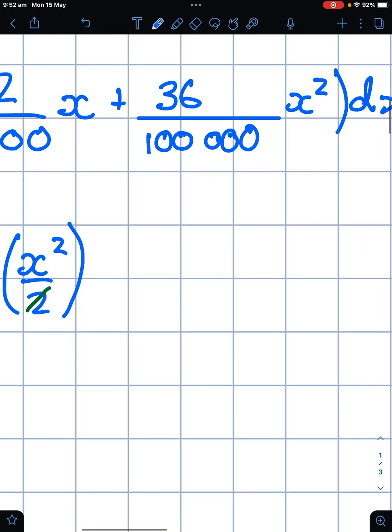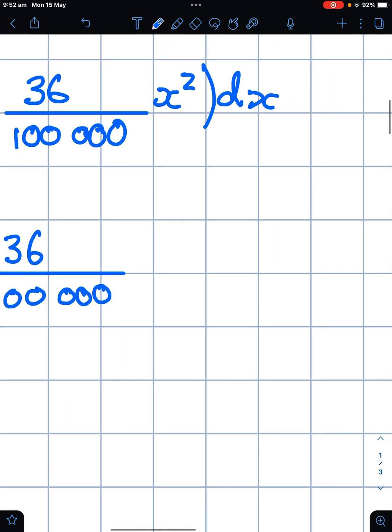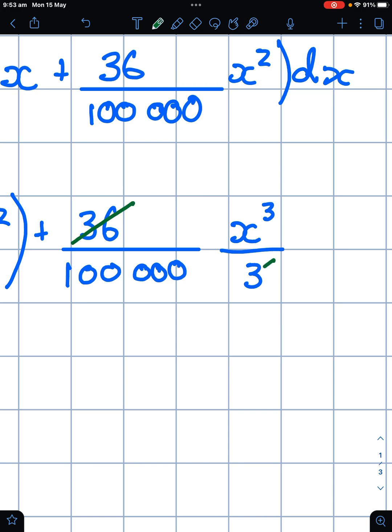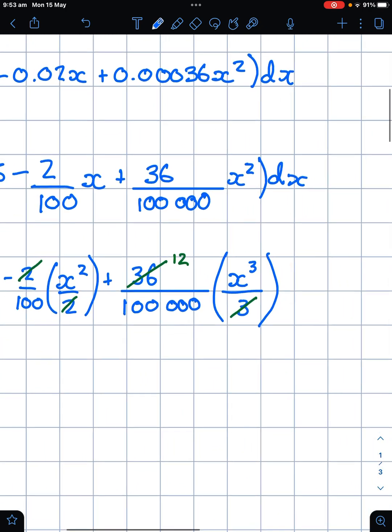And then plus 36 over 100,000 times x cubed over 3. So 36 divided by 3 is 12, so we can change that to a 12 up there and cancel those out. All right, you can do it in the calculator, you can do it yourself. I just prefer this. It's really easy to follow, and easy to follow if there's an issue in there.